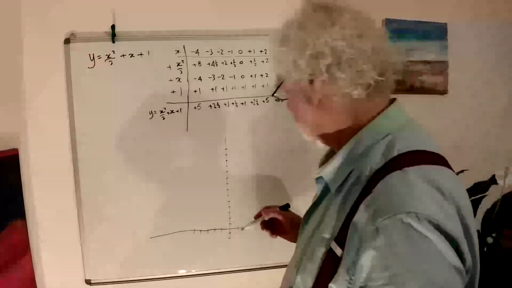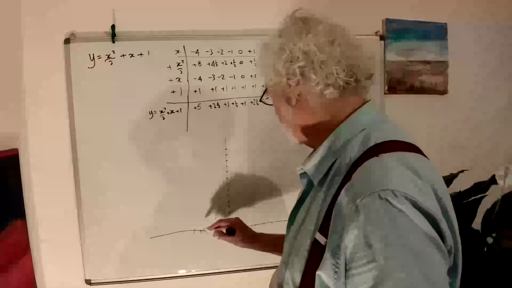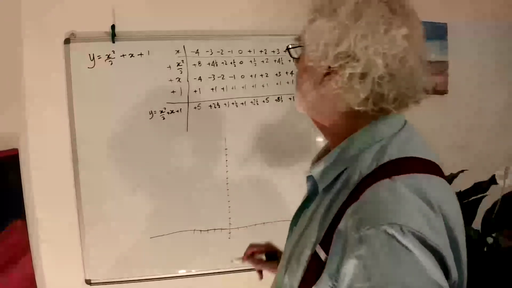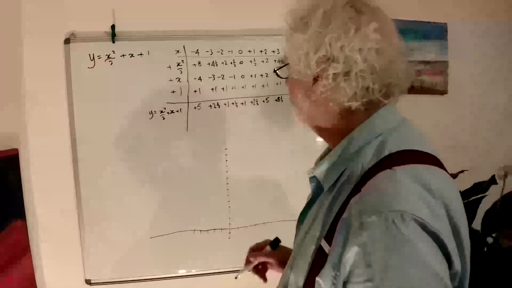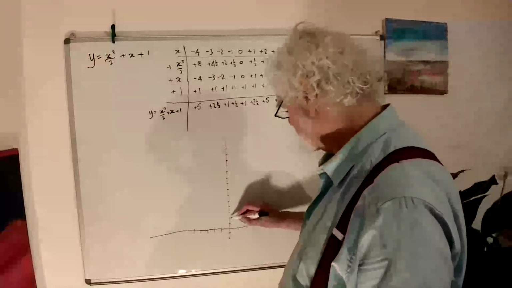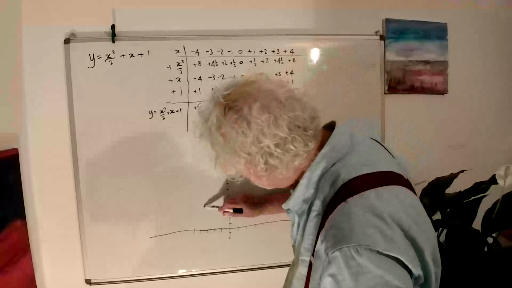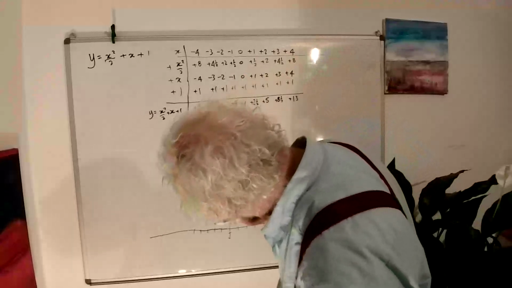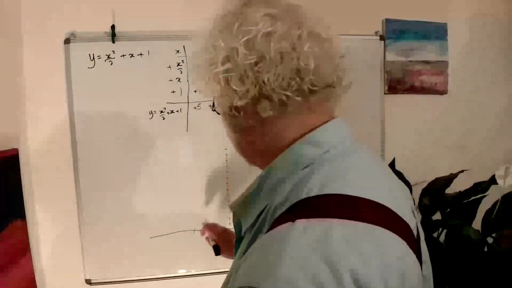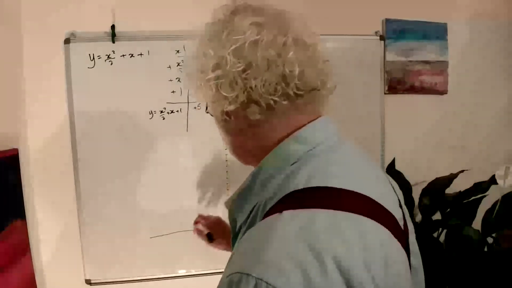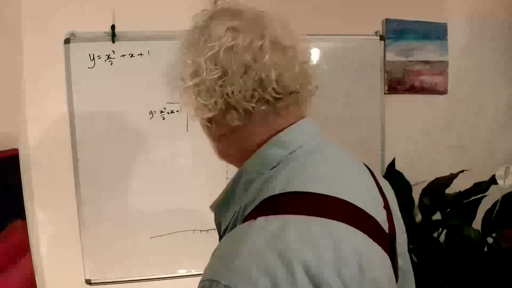So, 1, 2, 3, 4. When x is minus 4, y equals 5. So it's there somewhere.